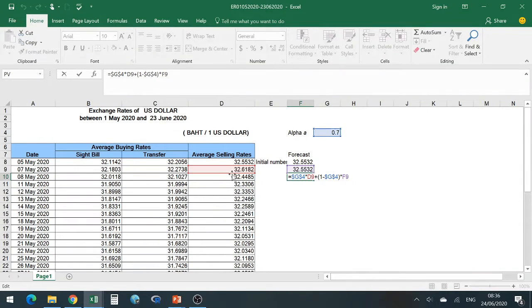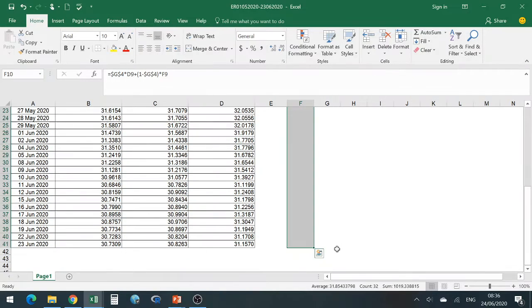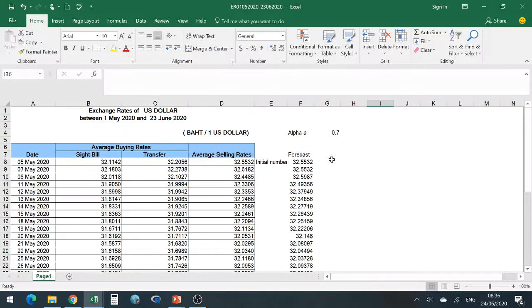This time we put 70% on the actual number and 30% on the forecasted number. So that's what exponential smoothing is about. The rest is the same.